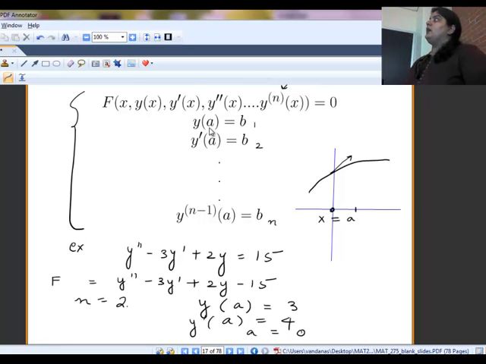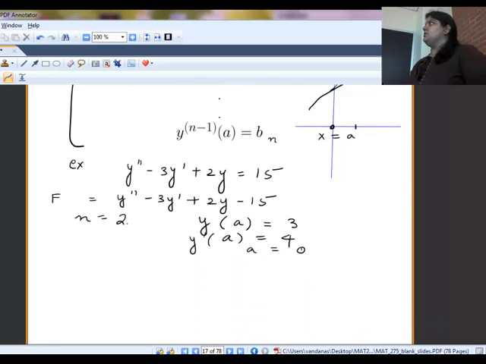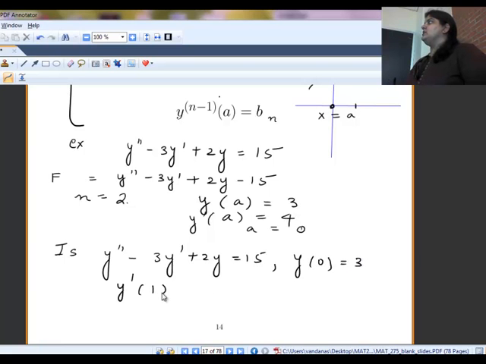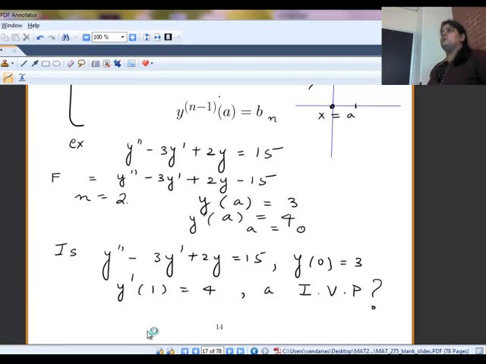Now if I give a problem in which I say f is a differential equation like this, and y at 0 is 3 and y prime at 1 is 4, is it an initial value problem? Let me ask you this question. Is y double prime minus 3y prime plus 2y equal to 15, with y at 0 equal to 3 and y prime at 1 equal to 4, an IVP?